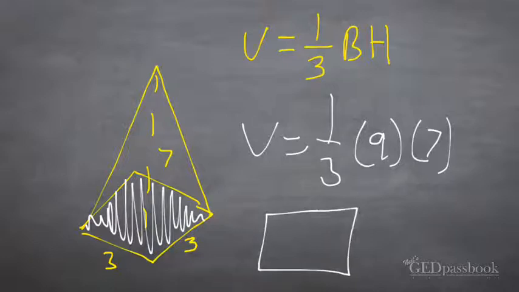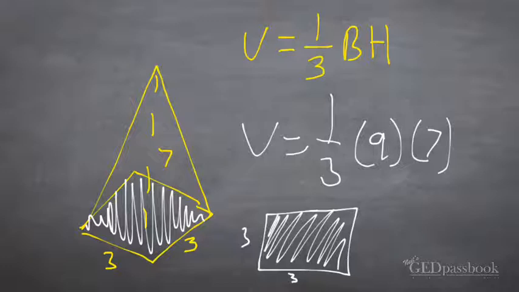If we were to hover over this pyramid, what would we see? We would see a plain old square. That looks kind of like a rectangle, but it doesn't matter. It's a square. That's the top aerial view of this pyramid. If we knew this length was 3 and this length was 3, what is the area of this shape? Well, we know it's a square, so you just multiply two sides. 3 times 3 is 9.